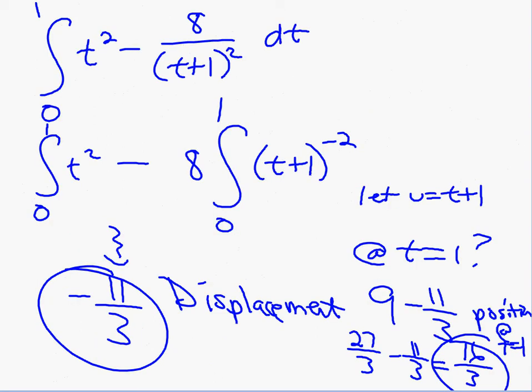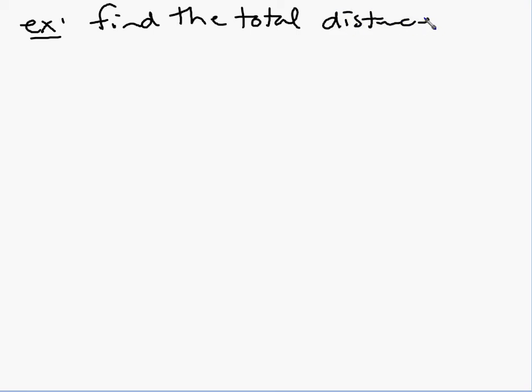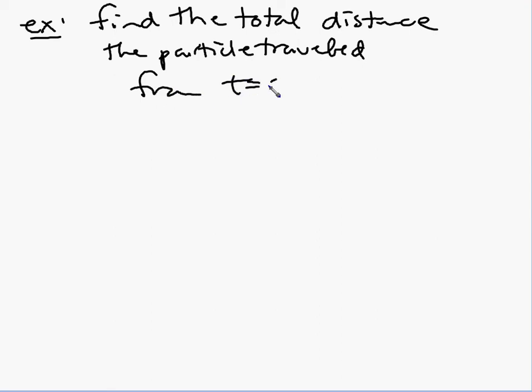It's a very similar problem. But what if they ask you to find the total distance the particle traveled from t equals 0 to t equals 5?